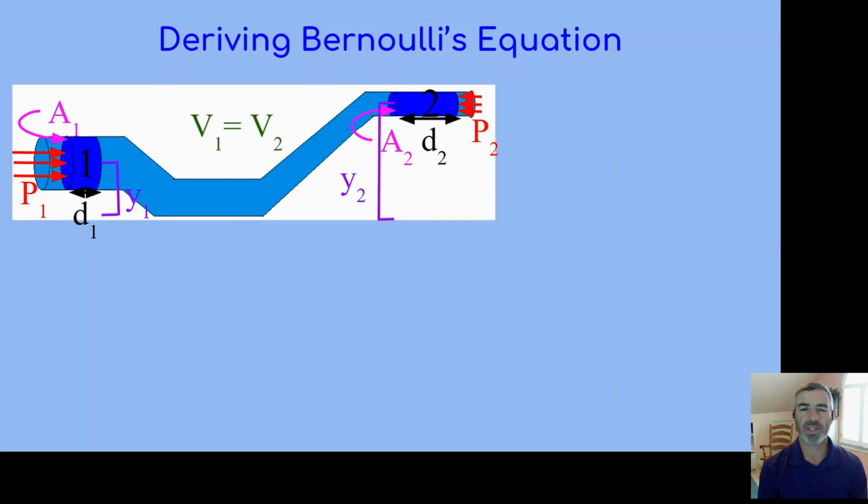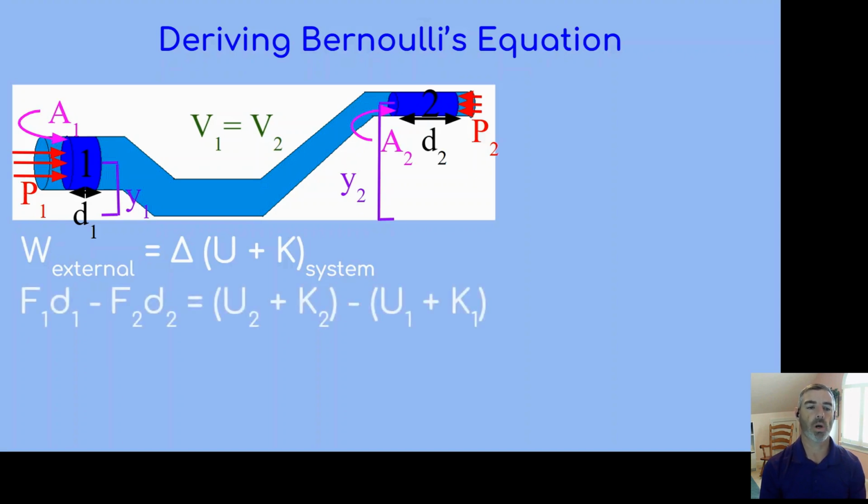So we have a bunch of different things marked up on this diagram, but what we're going to use is the work energy theorem to help us find this equation that Daniel Bernoulli derived. So we know that net external work is equal to the change in the mechanical energy of the system. Remember, mechanical energy is just potential plus kinetic energy. And we know that work is equal to force times distance.